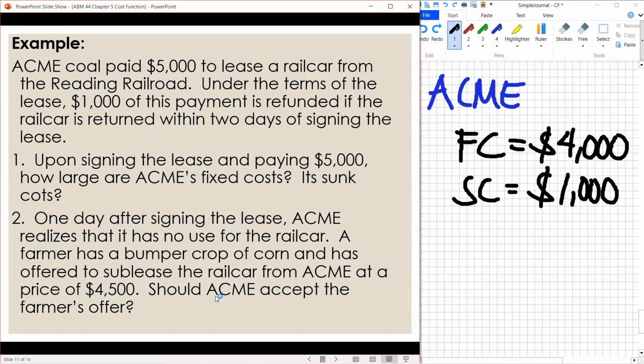Should you accept the offer or not? If you were Acme, dili mo kinahanglan ng rail car, so imo siyang gipahimulos sa lain, but ang iyang bayad is 4,500. Why do you think so? Do you think you would accept the offer? Mas lesser siya sa imong nagasto? Actually, you would say yes, because ang imuhang sunk cost would be only 500, compared sa 1,000 itself.